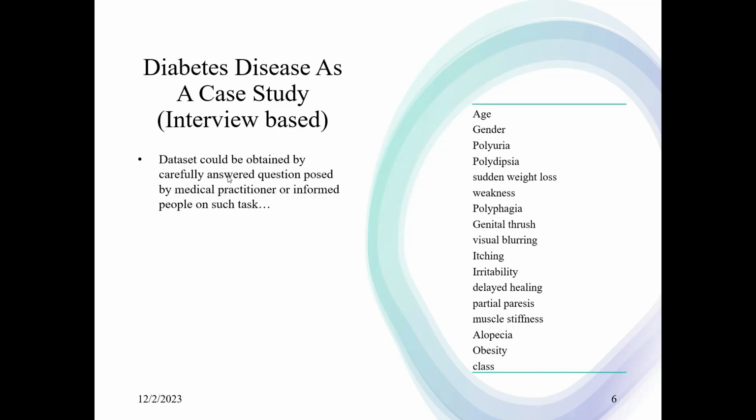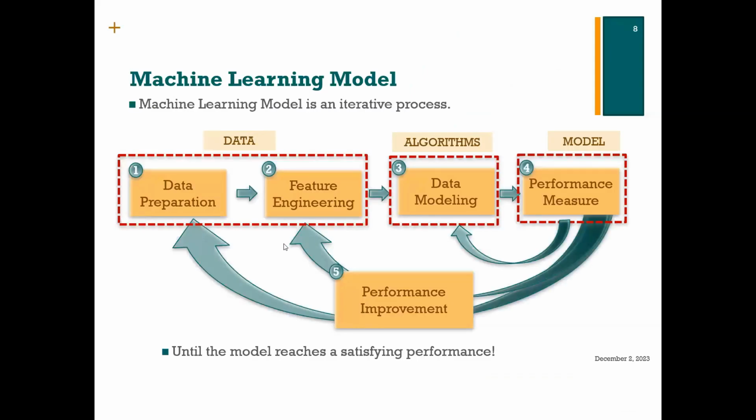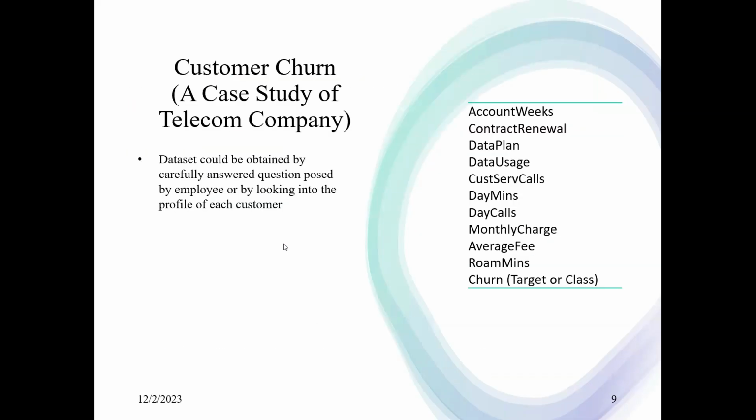Sometimes you have problems getting data from the clinic. You can also, in collaboration with a medical doctor or people in the know, get data by using simple questionnaire-based data collection. Because the most important thing is that without a data set, you cannot really achieve anything.